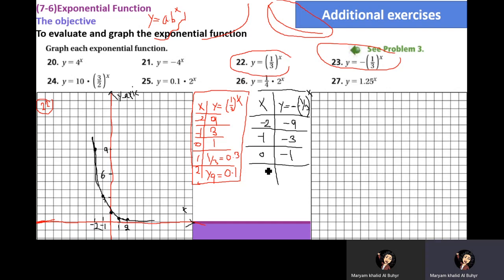Once I have 1, it will be -0.3. Once I have 2, it must be -0.1. Now let me graph this with you.